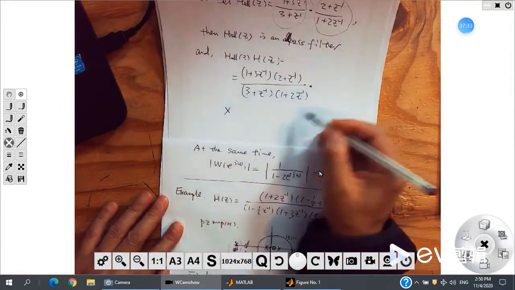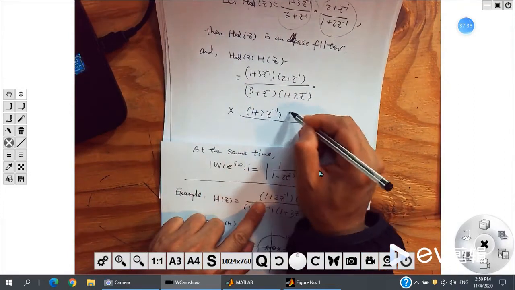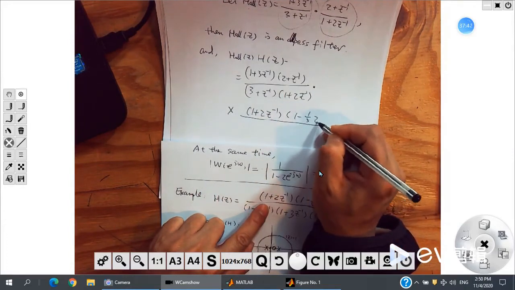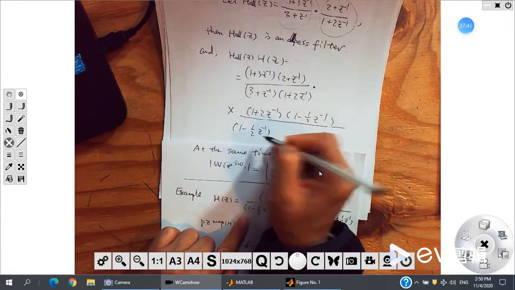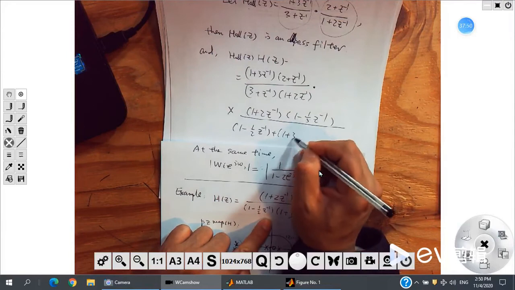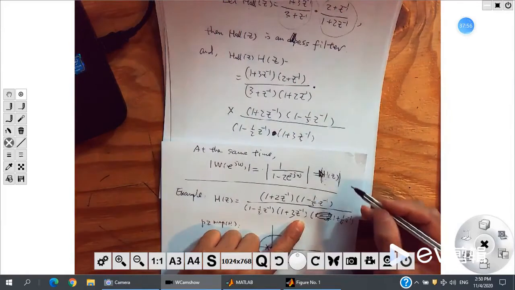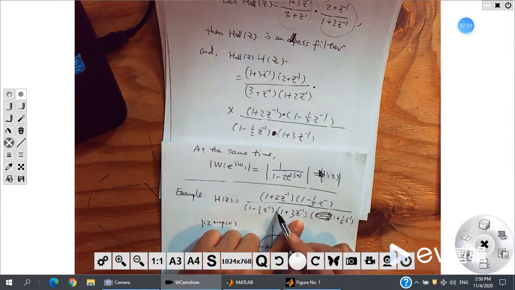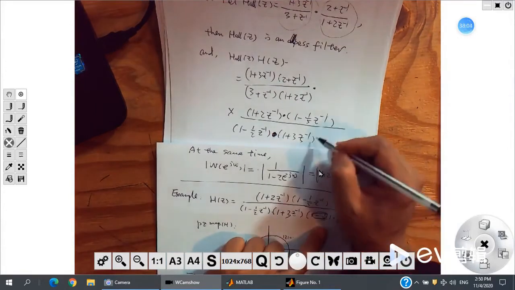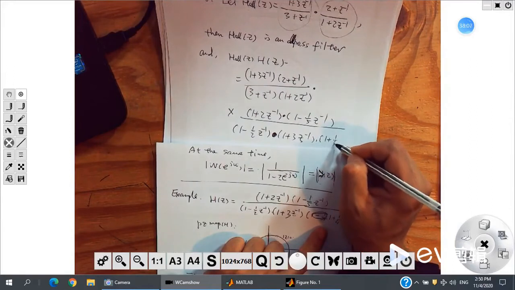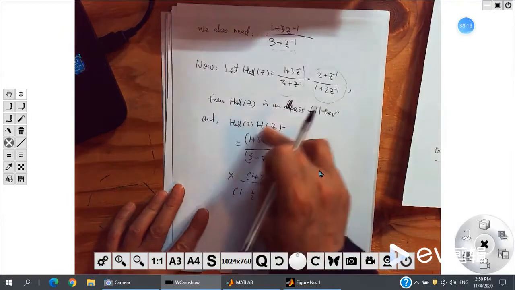Then in the numerator I have 1 plus 2z to the -1 and 1 minus 1/5 z to the -1, and the denominator is 1 minus half z to the -1 and 1 plus 3z to the -1. Oh, this is multiplication, I'm sorry, not summation. And then times 1 plus 1/4 z to the -1. So we multiply these two together and I get the whole thing.